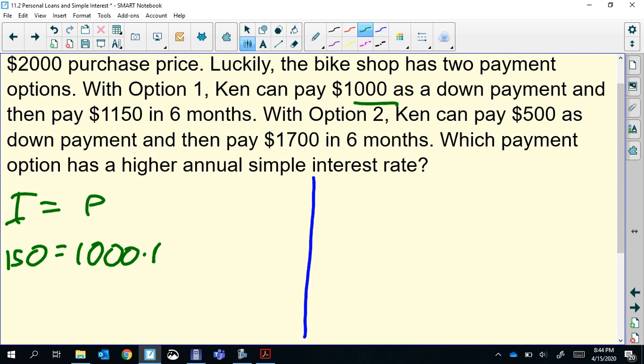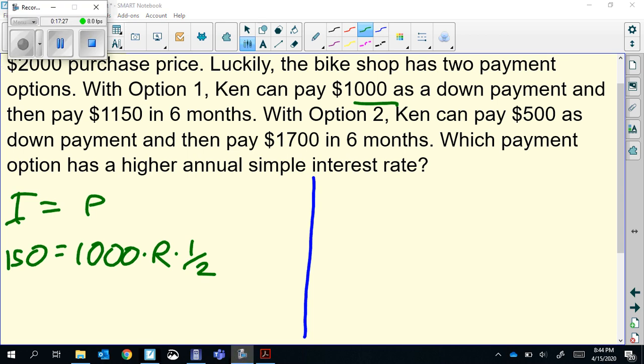We're trying to find the rate, but the time is 6 months, which would be half of a year, or 6/12 if you want to do it that way. And then we'll solve that out for R, but let's set up the other one while we're at it.